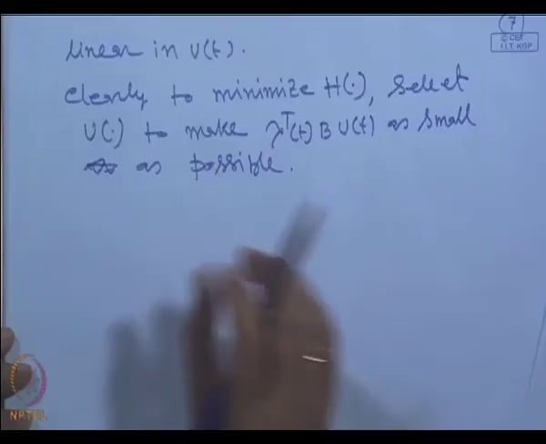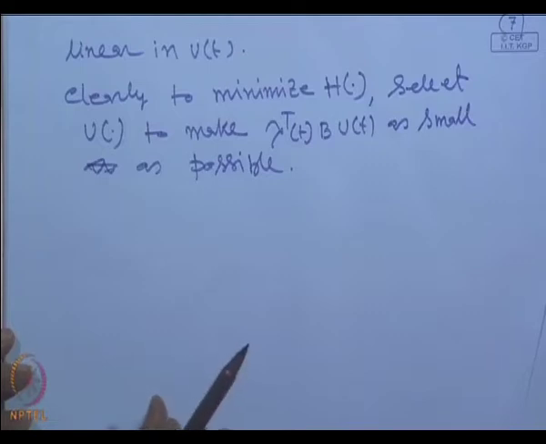That is why you will not be able to do it. So, what we have to do? We have to use the Pontryagin minimum principle here. In order to minimize this, select u so that this should be as small as possible.